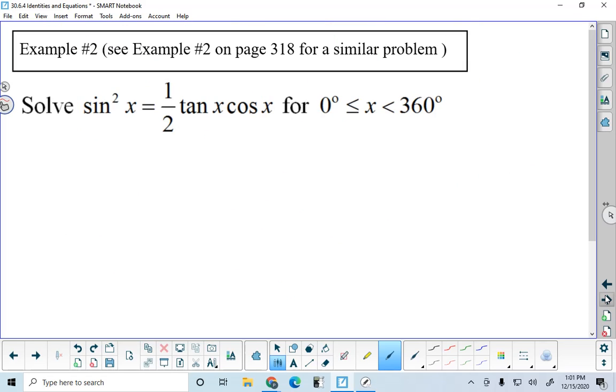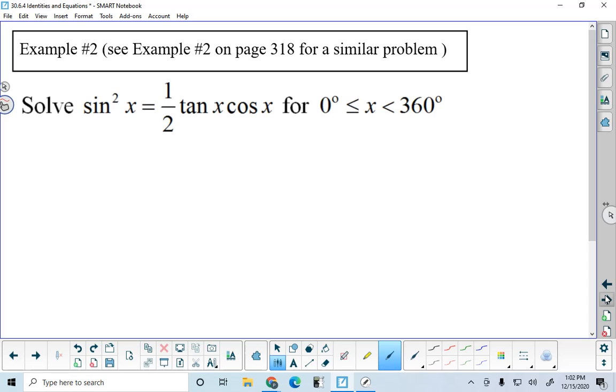All right, let's take a look at example 2, solve this equation. Well, the problem here is the same as the problem that we had in question 1b. There's too many different types of trig ratios here. There's sines, there's tangents, there's cosines.